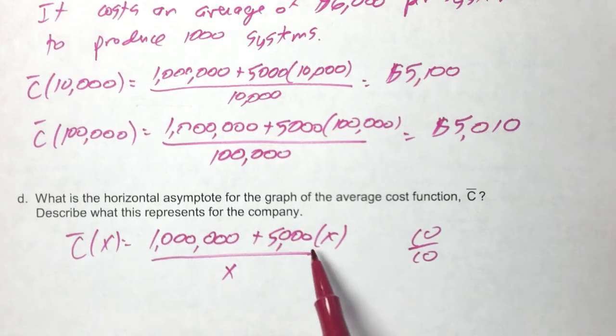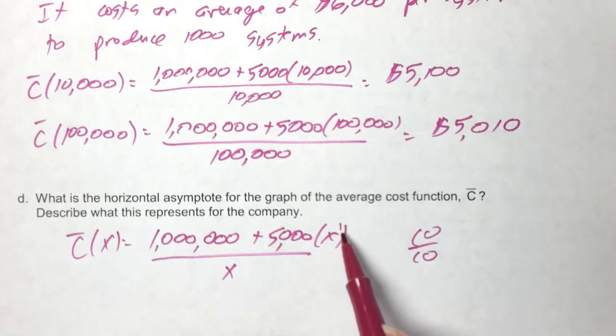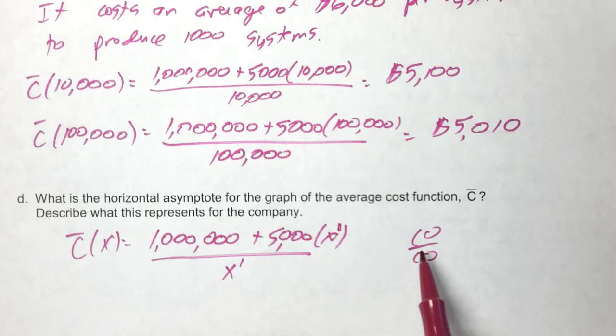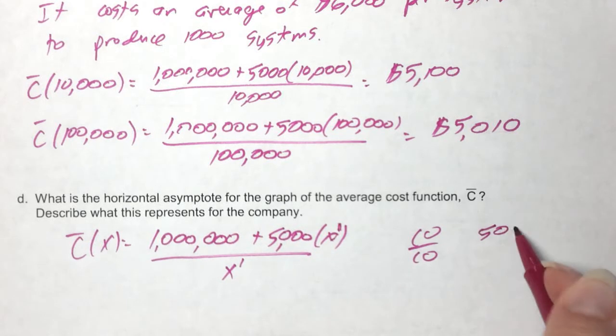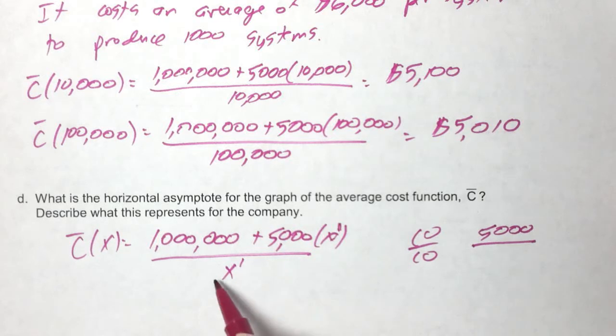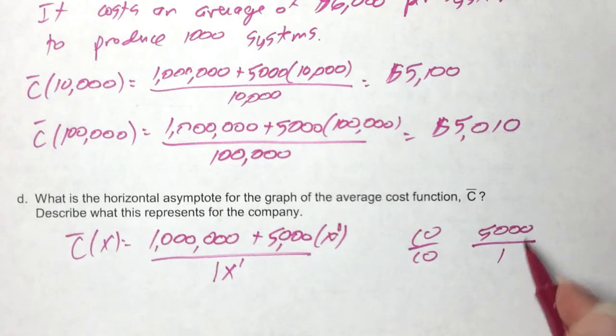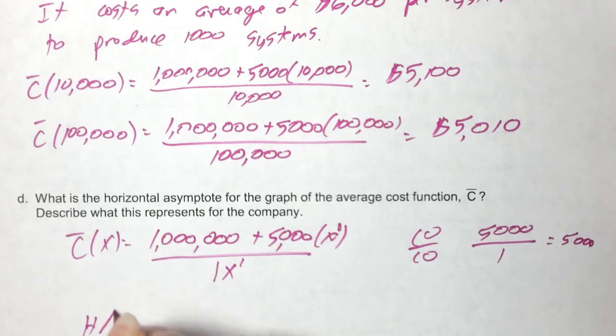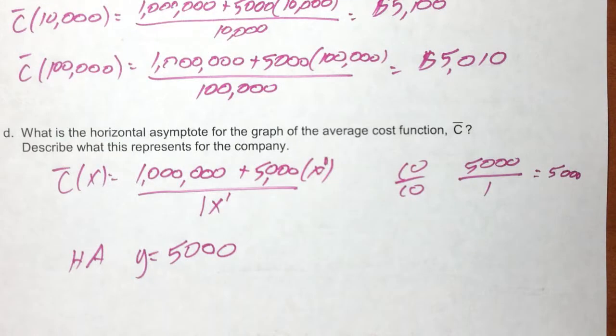The exponent on this x is 1. On this x, the exponent is 1. So their exponents are the same, so we use our coefficients. The coefficient in front of x on top is 5,000. The coefficient in front of this x on the bottom is 1. 5,000 over 1 is 5,000. That means there is a horizontal asymptote at y equals 5,000.